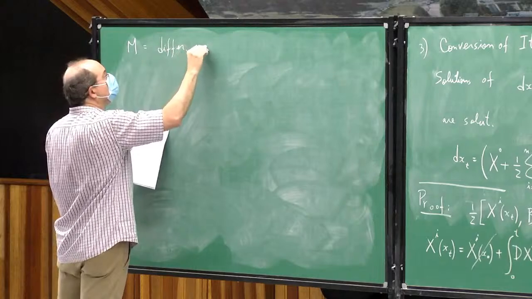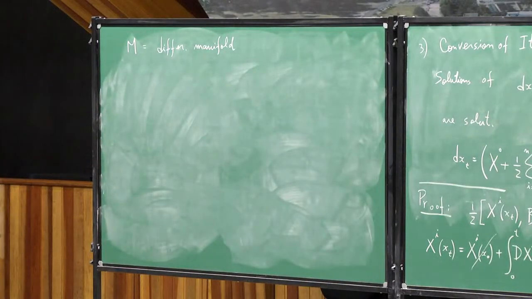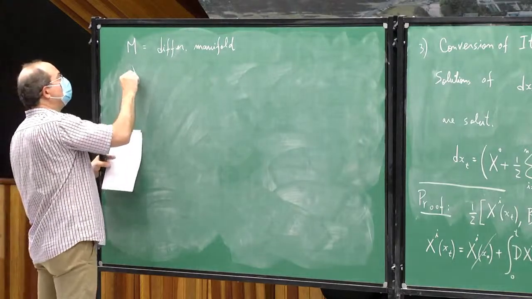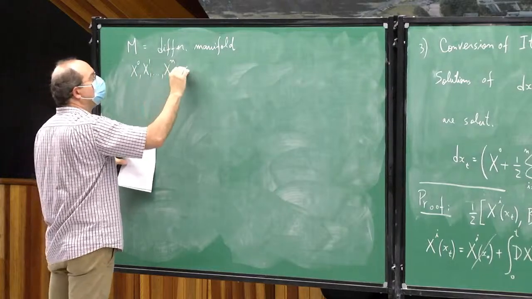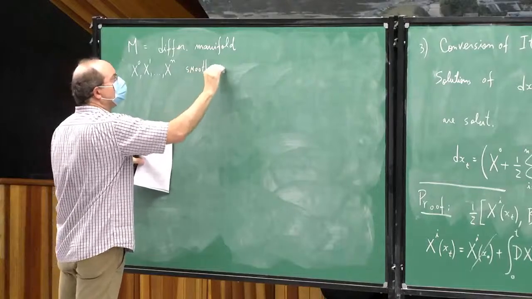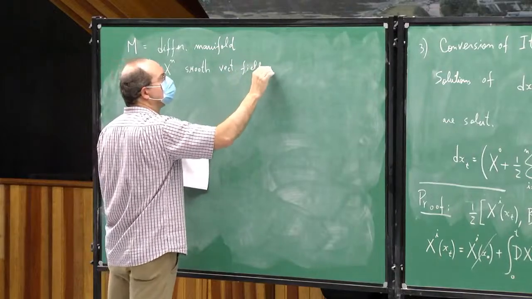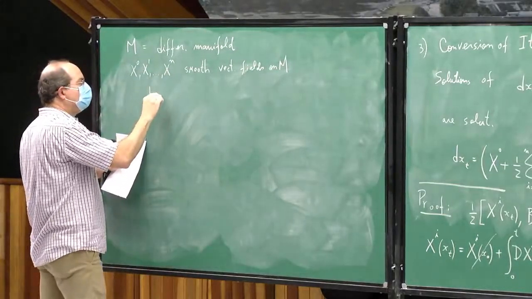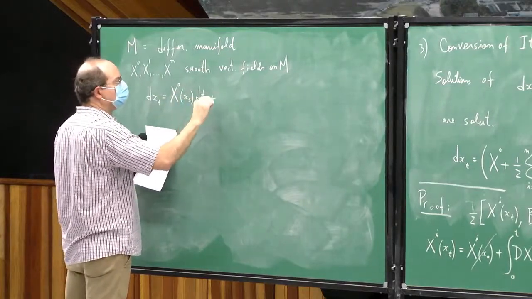And we can easily consider a stochastic differential equation on M. So again, X0, X1, ..., Xn, we take smooth vector fields on M, and what's the meaning of this stochastic differential equation?